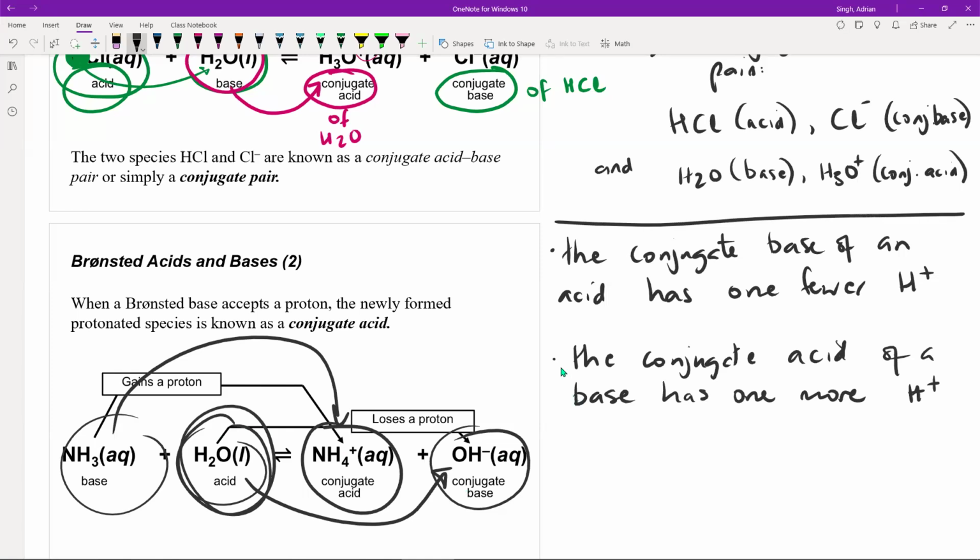So in other words, the members of a conjugate acid-base pair differ by a single proton. That's how we can identify them.